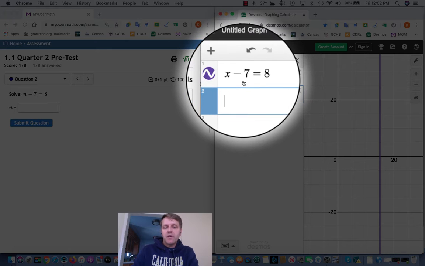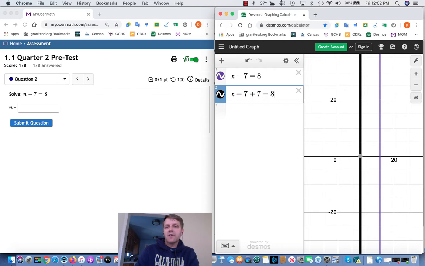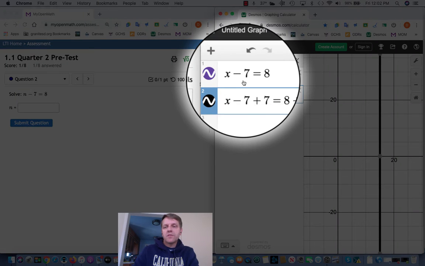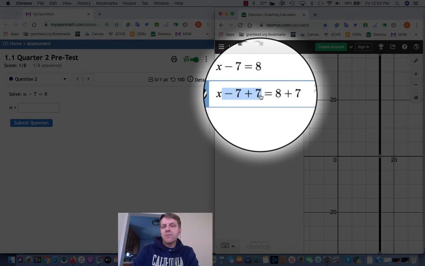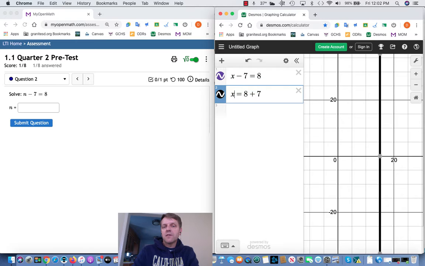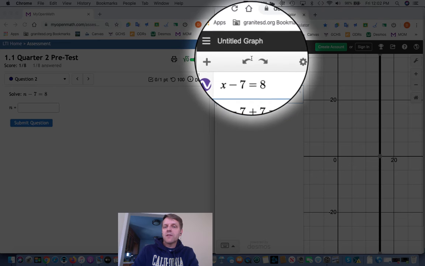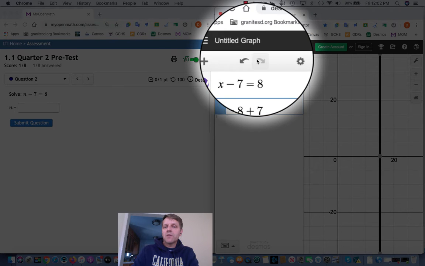It's 15 because what we're really doing, let's just start with the problem here again, is adding 7 to both sides. And we're doing that because 7 minus 7 is really 0. Right? 7 minus 7 is 0. So I can get rid of that. I had the 7 minus 7, and that becomes 0.